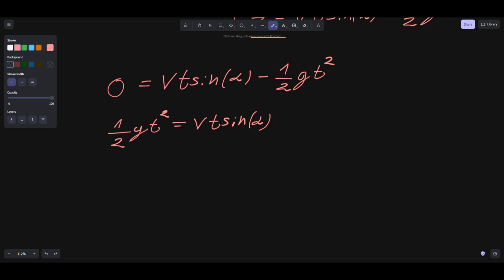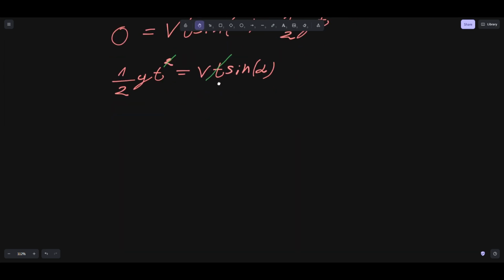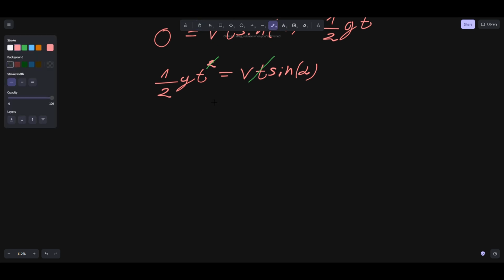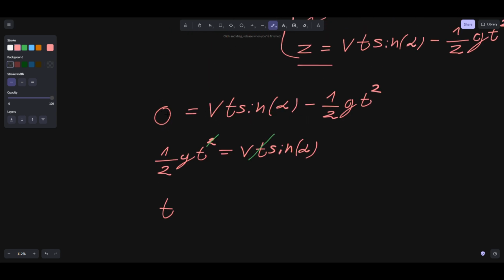And so now we can see that we have t on both sides. The second power is cancelled by t on the other side. And we also want to solve for t. And what in this case t will represent is the time at which the projectile hits the ground, because we set z to 0.